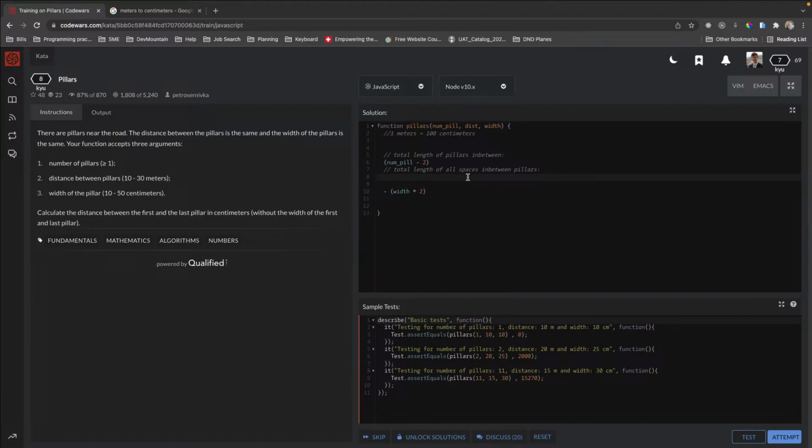Okay. Now we need to figure out how many spaces there are, which we can do simply by saying number of pillars minus 1, and then we could multiply that answer by distance. This is such a mess. All right.